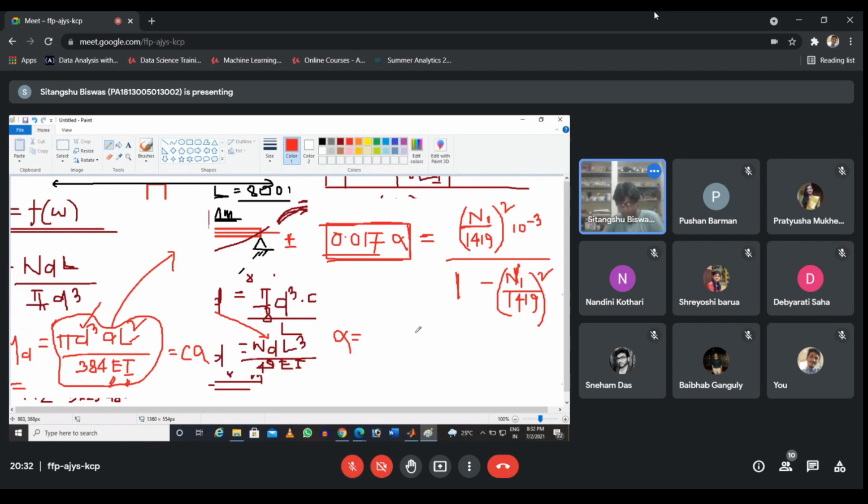They did it with some different value, but they are getting sigma 1 equal to 30 something, 33.3 something. If the calculation is taking this much time, it is very difficult.